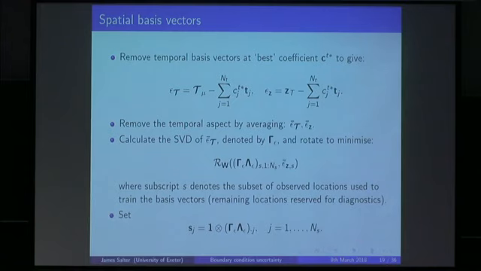Again, we calculate the SVD basis and rotate and try to represent the remaining variability in the observations as well as possible. We only do this for a subset of our known locations because we don't want to overfit our model.